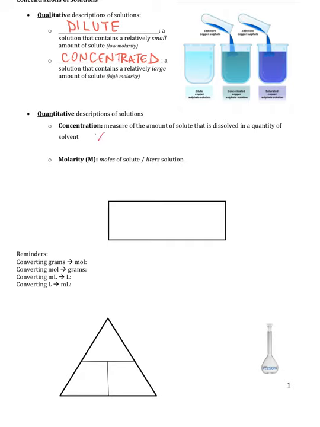It's a ratio of solute to solvent, kind of. And it's not always just solute to solvent, as you'll see in the next specific unit for concentration. But in general, it's kind of a ratio of solute to solvent.